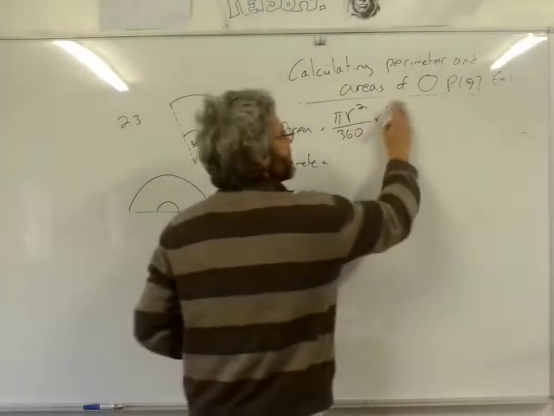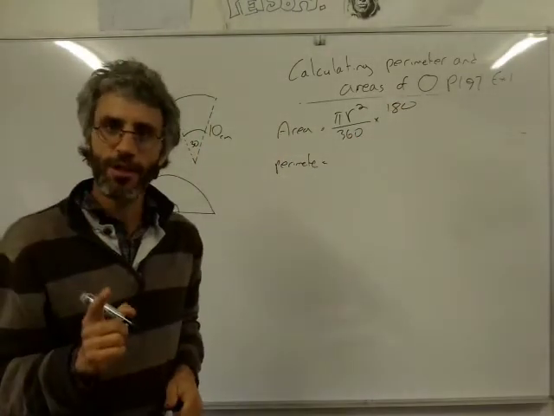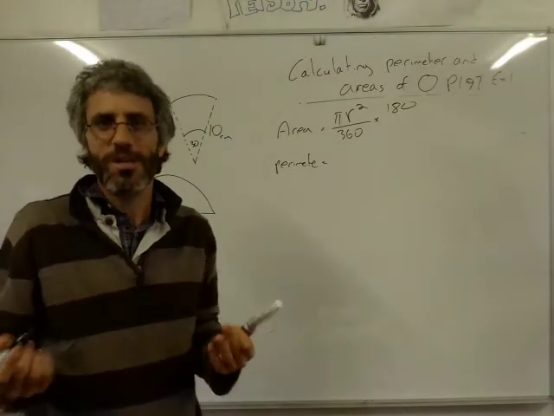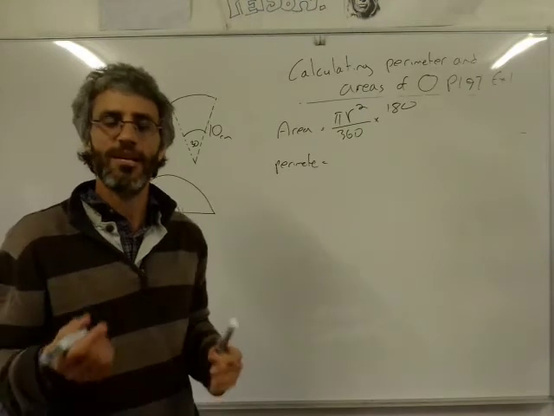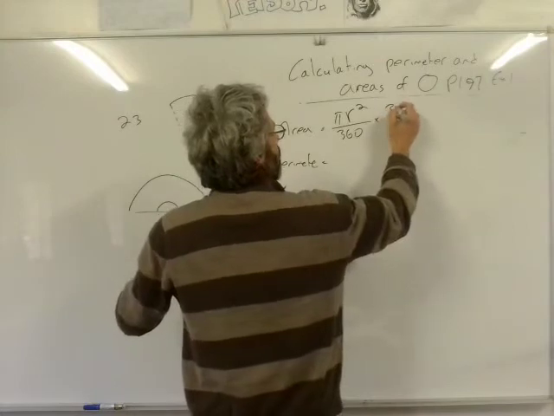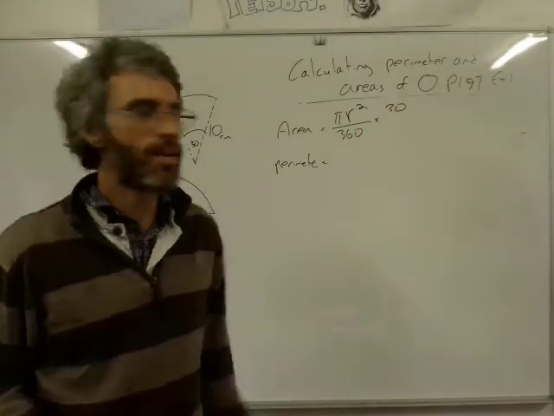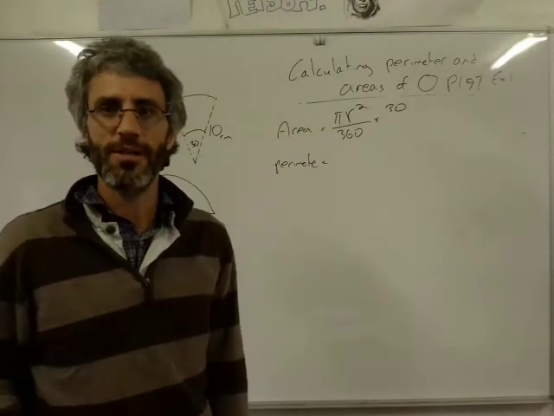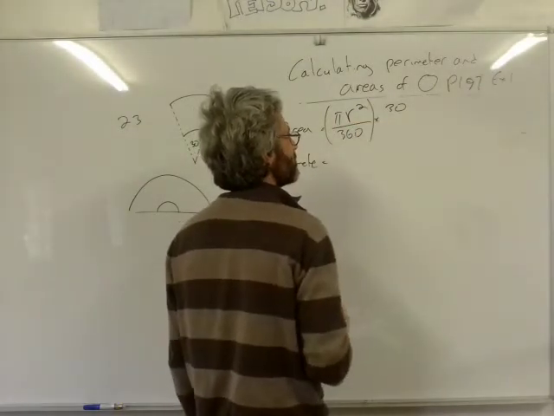That will be 180, and 180 divided by 360 is half, so we're just going to halve the pi r squared, which is what we know is the case. The area of a semicircle is exactly pi r squared divided by 2. But in this case we've got 30, and we just put that in the calculator as it is: pi r squared divided by 360 times 30, making sure that the times 30 is in brackets.